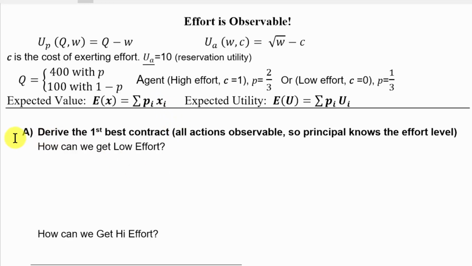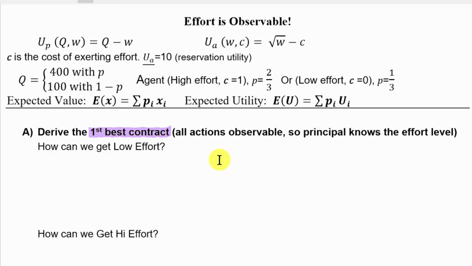So what we're going to do here when effort is observable is derive what we call the first best contract. The first best contract means: if there wasn't any uncertainty to get in the way and cause inefficiencies, what should we do? So how would we get low effort? Suppose we wanted low effort, and we don't know whether we want low effort or high effort until we know how much it's going to cost us as the principal.